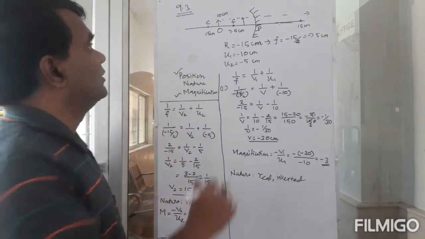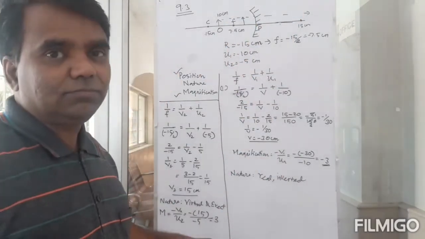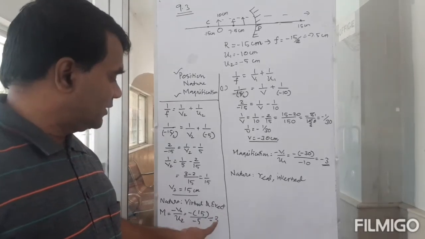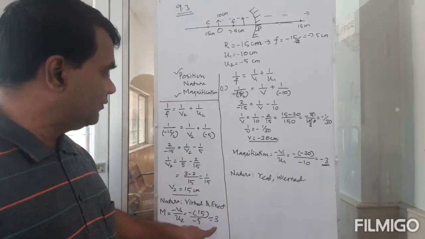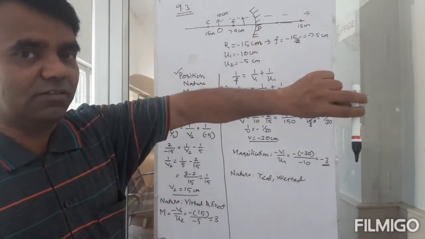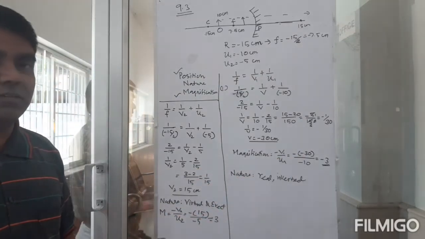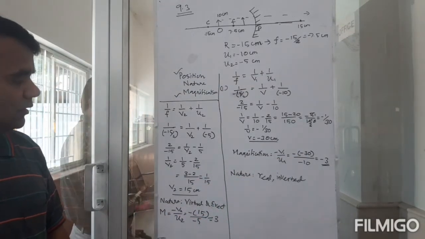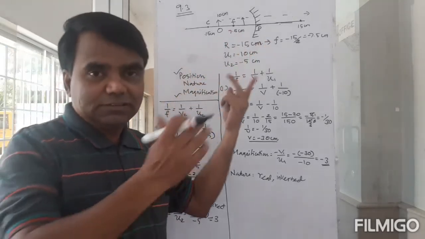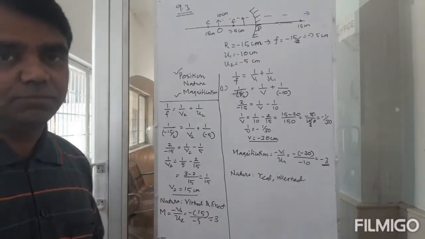So here also the image will be magnified 3 times. But we get a positive sign, meaning it is not inverted, it is actually erect. It's not on the other side. It's not inverted like that, it is erect. Negative is not there. Okay? So this you can also visualize, you can see. But this is how you do this problem.